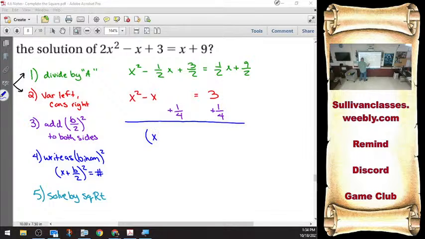The binomial is always x plus b over 2. So in this case, b is negative 1. So negative 1 over 2 is 1/2 squared. 3 1/4. Y'all remember elementary school? Multiply these two, add that one. 13/4.